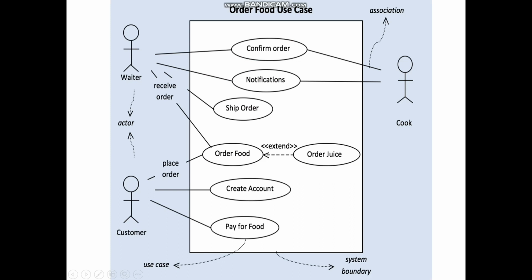Similarly, customer has four use cases: that he can place order, he can create account, he can pay for food, and we can see that if customer wants to order juice, then it is the extended use case of order food. This all is bounded under system boundary.